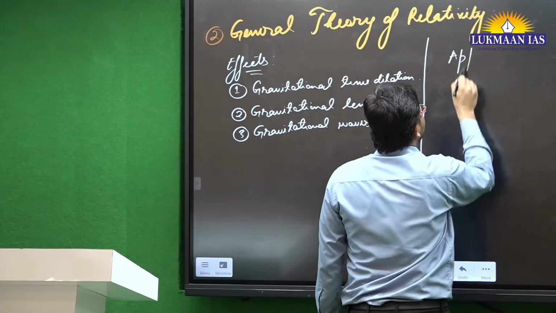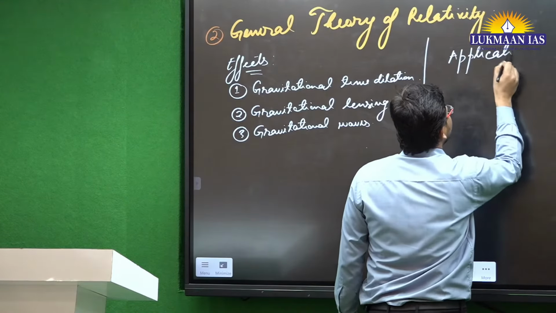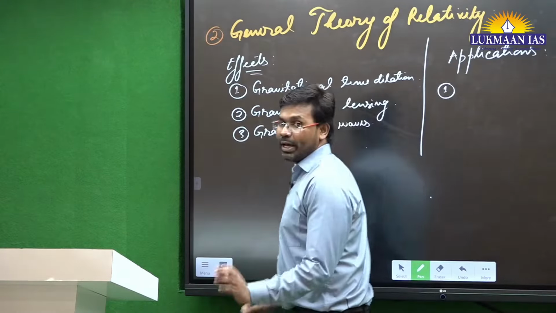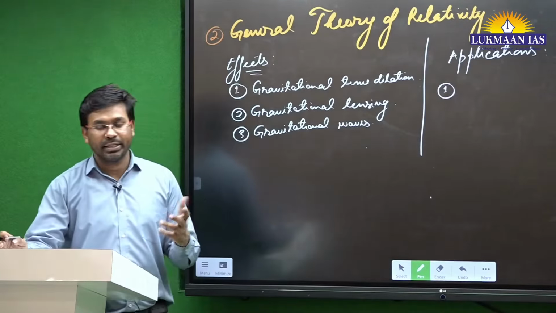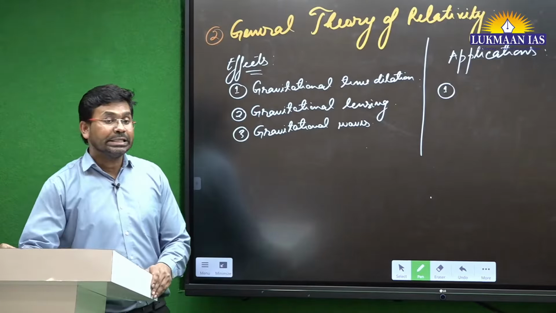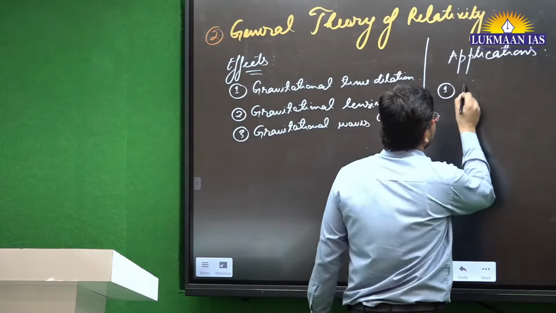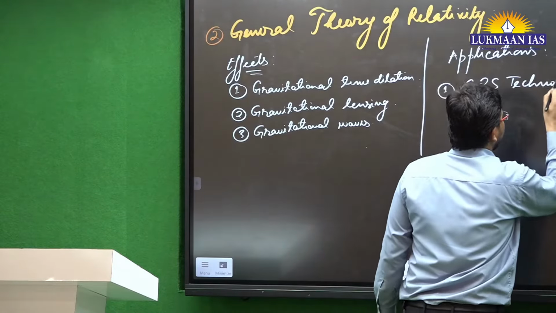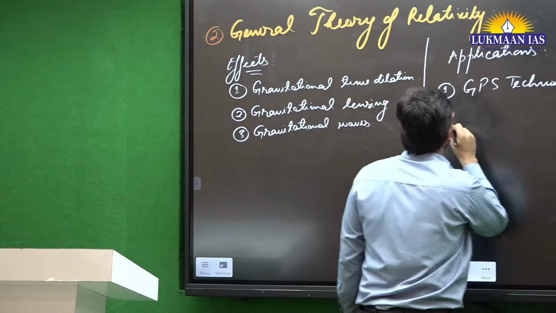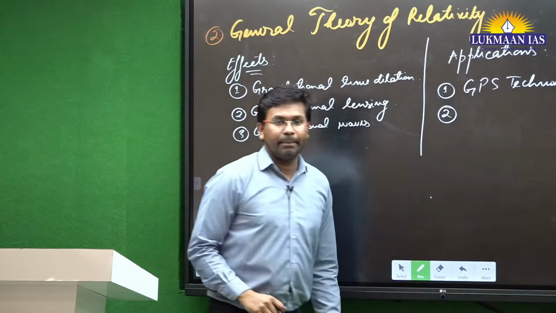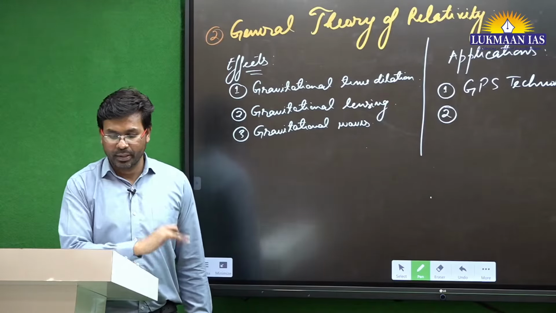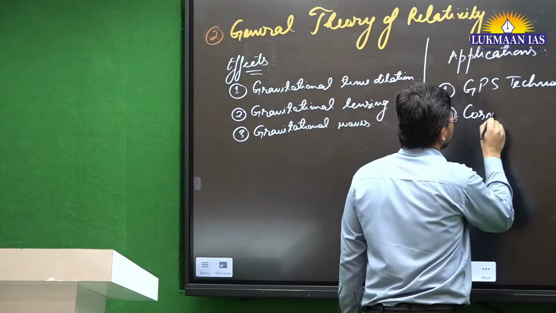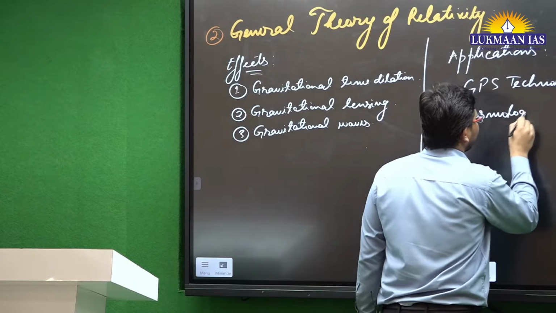And if I talk about applications of the general theory of relativity, where we apply it, number 1, GPS technology, okay. Number 2, write down cosmology and fundamental physics.